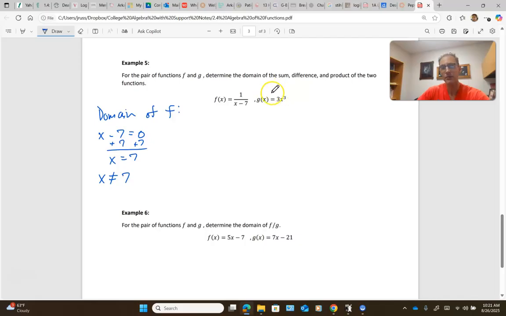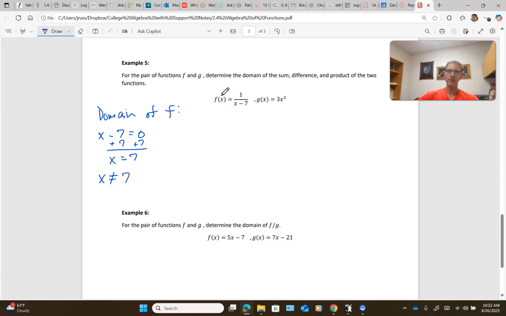Now, the domain for g is all real numbers. Now, the intersection of those two sets is going to be all real numbers except for 7. Or in other words, if you're trying to find the domain of the sum, difference, and product, and one of your functions is a rational function like this, then the domain for the sum, difference, or product will just be whatever the domain for this rational function is.